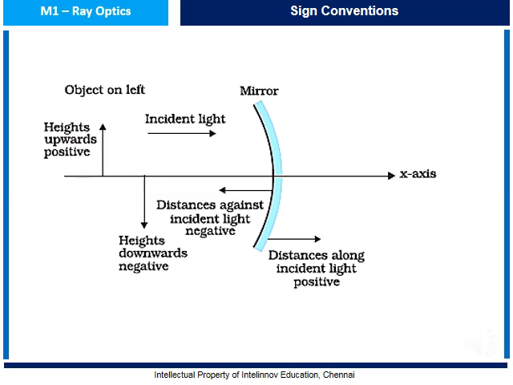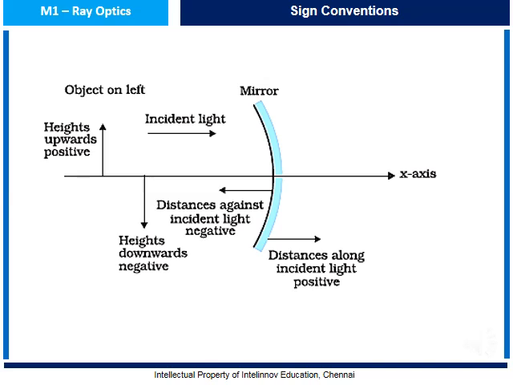Now let us understand sign conventions. We have taken a concave mirror as an illustration. The direction of incident light is taken as positive, and any distance which is measured against the direction of incident light is taken as negative. So anything which is left of this axis, that is the x axis given here, is termed as negative, and anything to the right of the mirror is termed as positive.